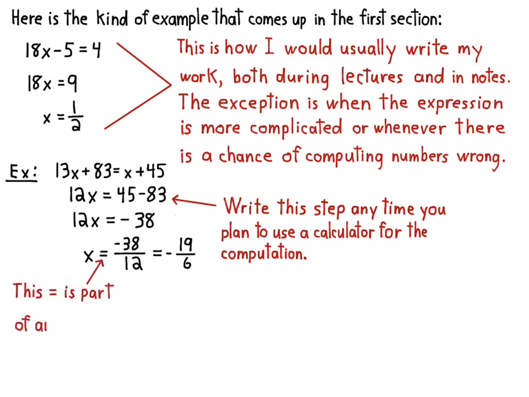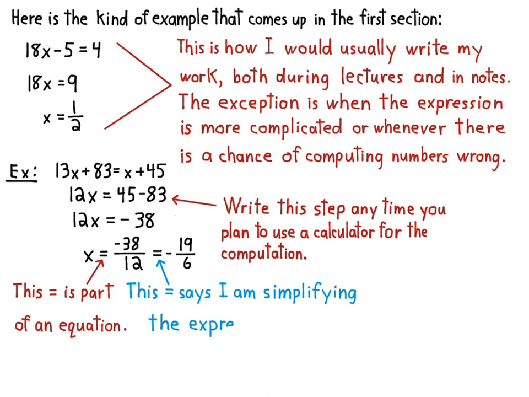Okay, the last thing I wanted to talk about in this little algebraic basics video series is the 3 different meanings of equals that we use commonly. This equals here, this first one, x equals negative 38 over 12. This is part of an equation.